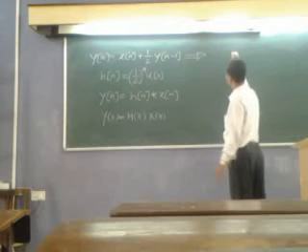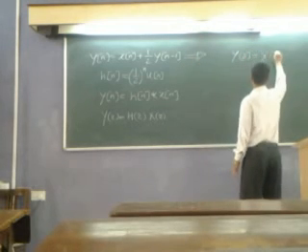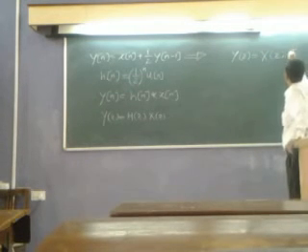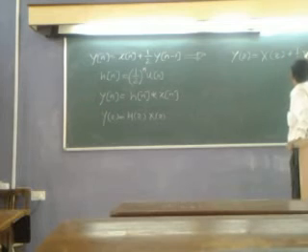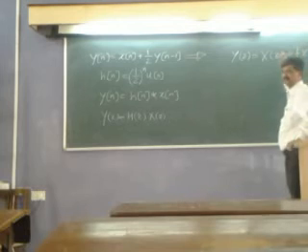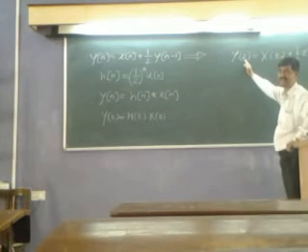So yn gets transformed to yz is equal to xz into half plus half z inverse yz. Right? So yz, this gets shifted on the other side.